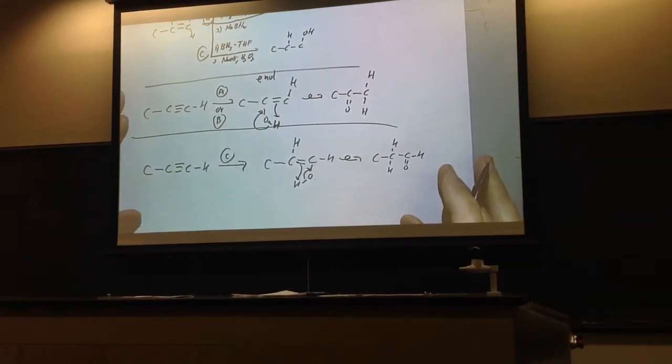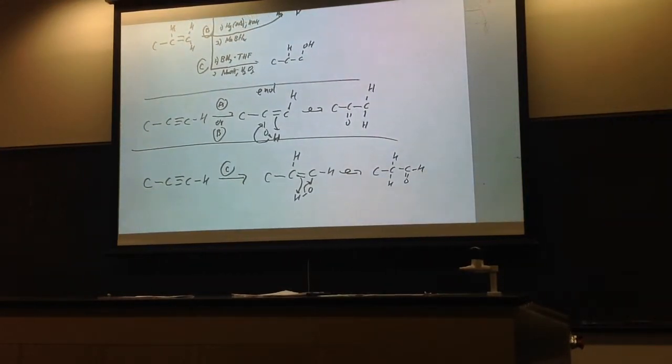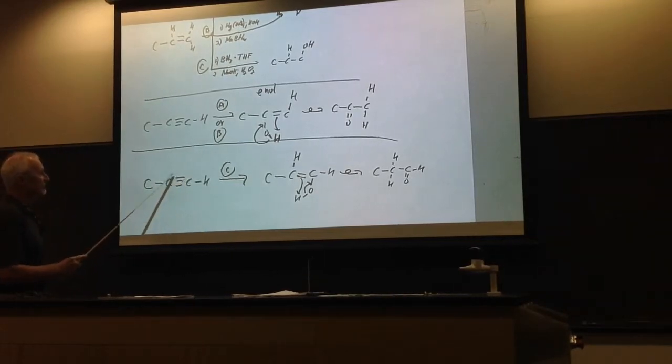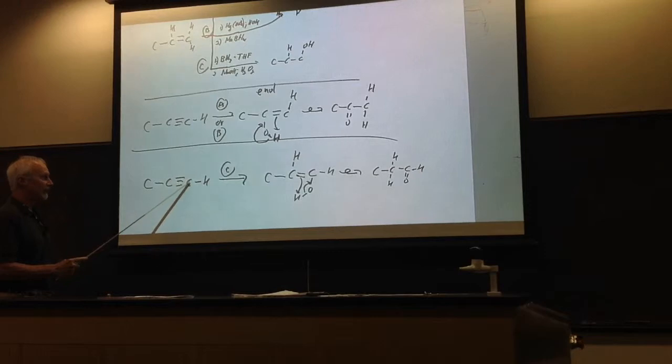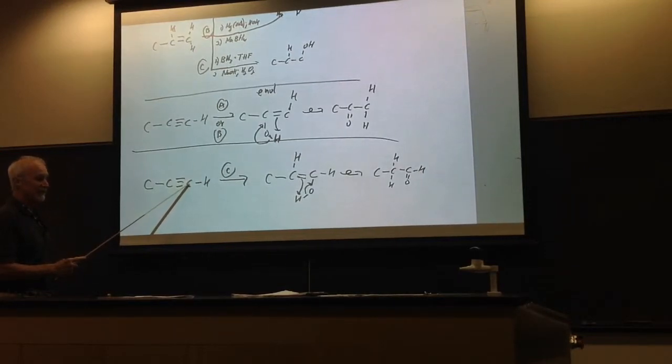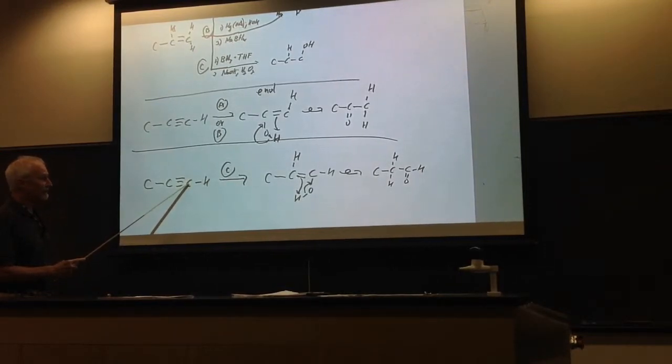Okay? So look at the difference, look closely now. In both cases, you cannot add 2 moles of water to an alkyne. You can only add 1 mole. And the way the addition works out, when the smoke clears, one of these 2 carbons gets 2 hydrogens. The other gets an oxygen double bonded to itself, see?